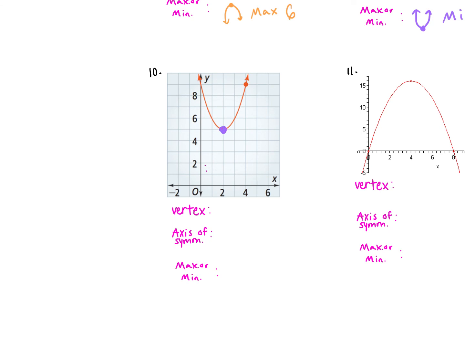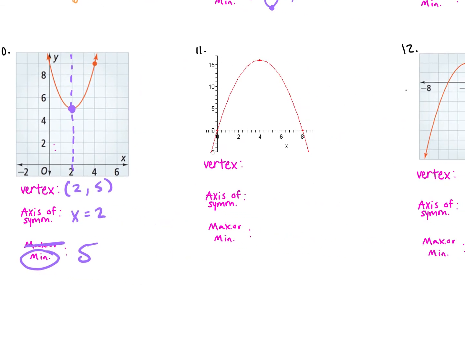We just look at the point, and that's your vertex. What is my axis of symmetry? x equals 2. Awesome. And is this a maximum or minimum at my vertex? A minimum. And what's my minimum value? 5. Any questions there?